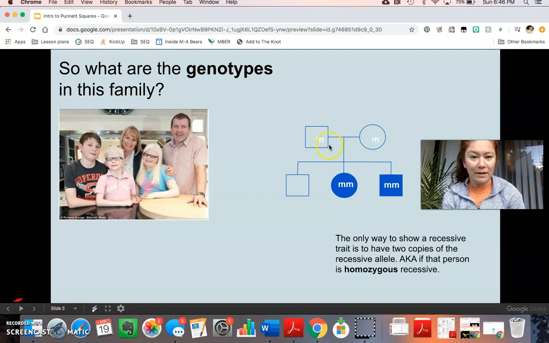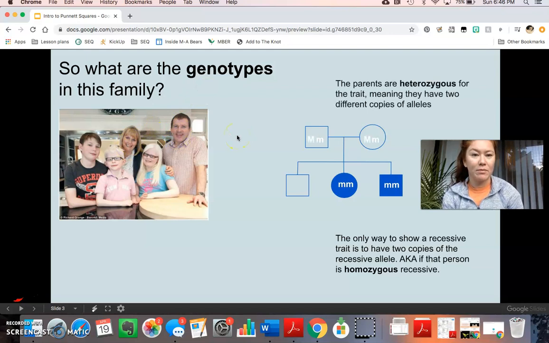So both parents had to have carried a lowercase m, or a recessive allele for albinism. However, we know by looking at them that they don't have albinism, so they must also be carrying the dominant allele for melanin production, which would make both of the parents heterozygous for that trait, meaning that they have two different copies of alleles, two different things. They have a dominant and a recessive.